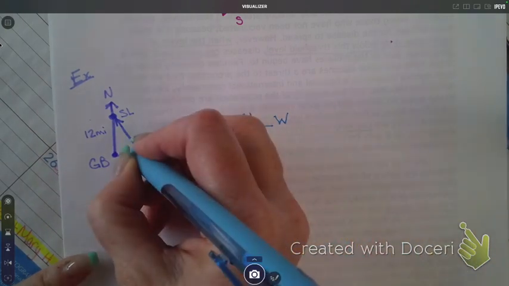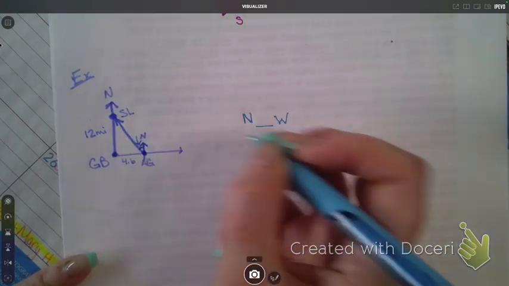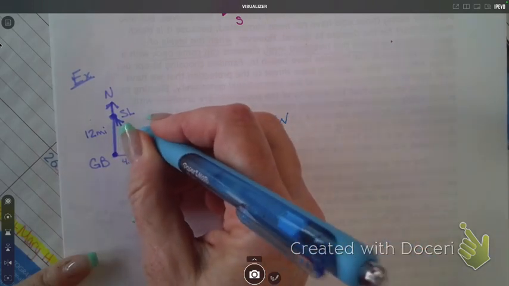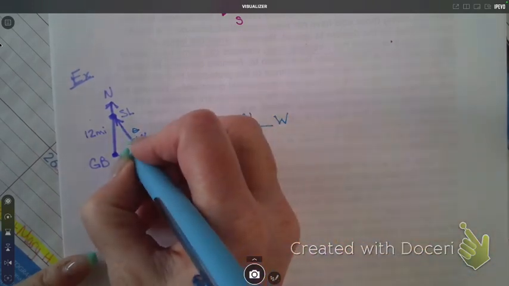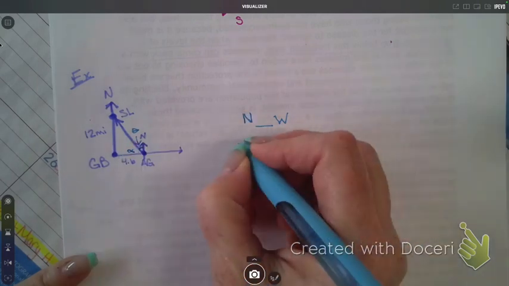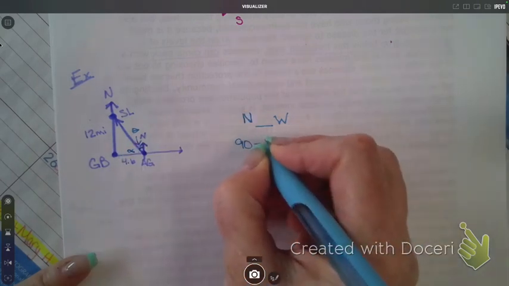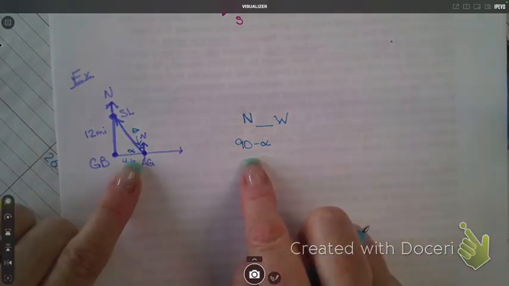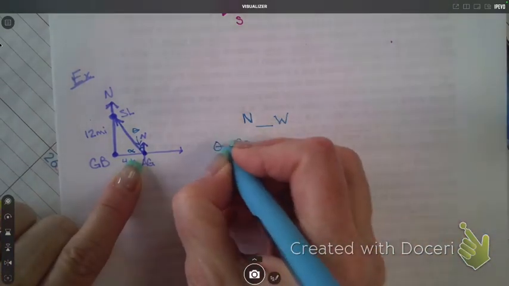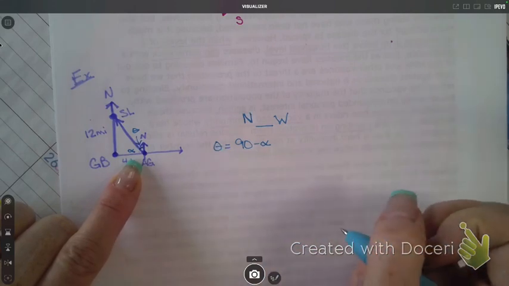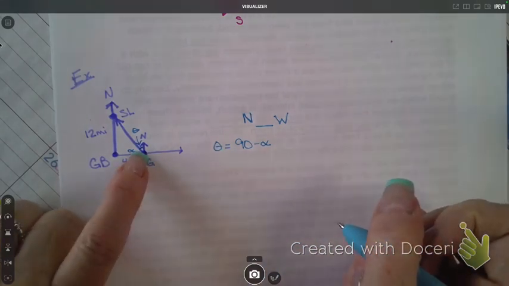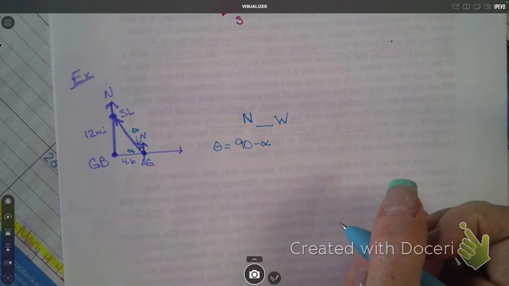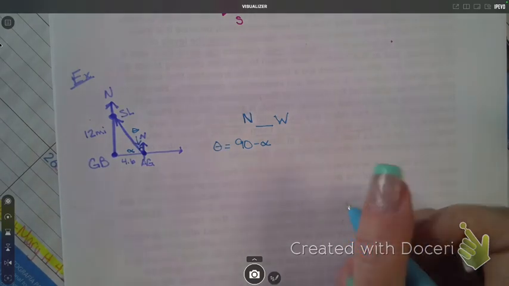So my theta, and I'm going to call this alpha here, is going to be 90 minus alpha, right? Okay, so how am I going to find alpha? I'm going to find that angle right there, from the leg.